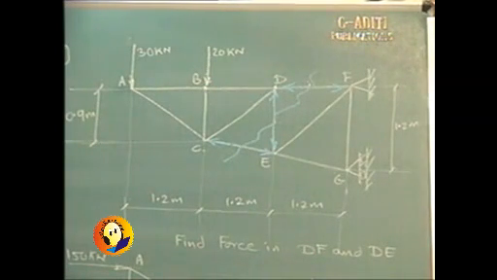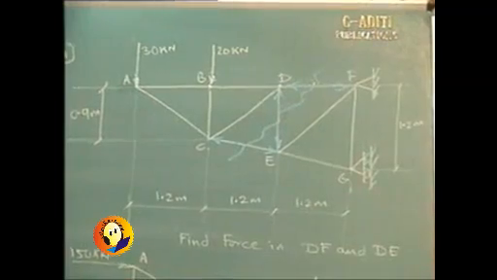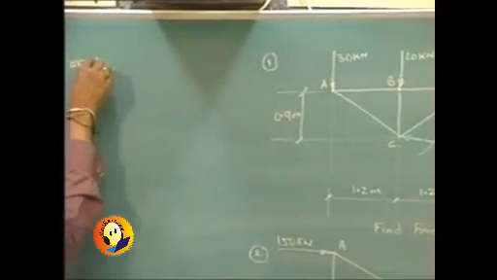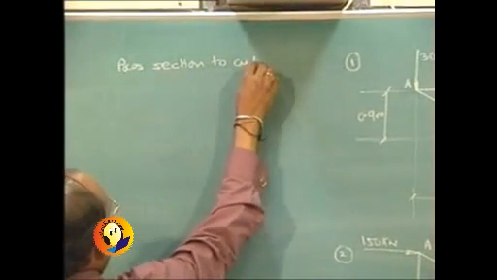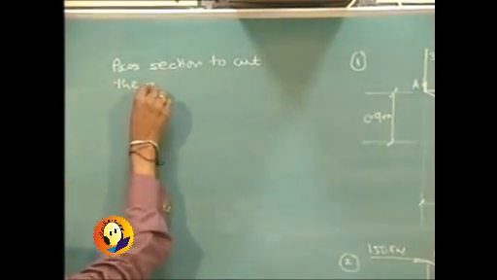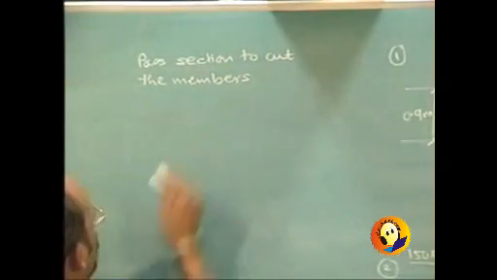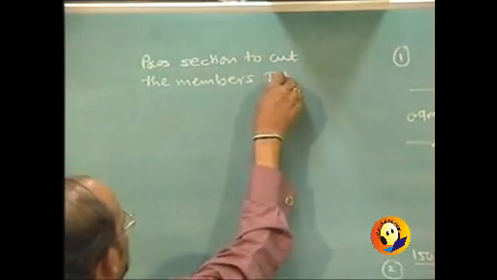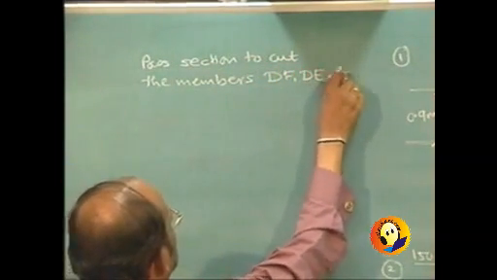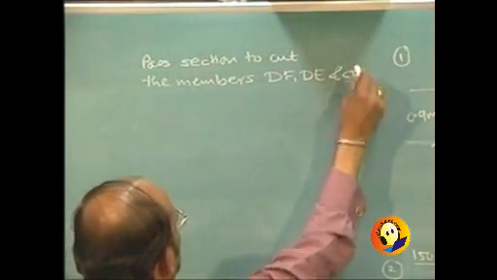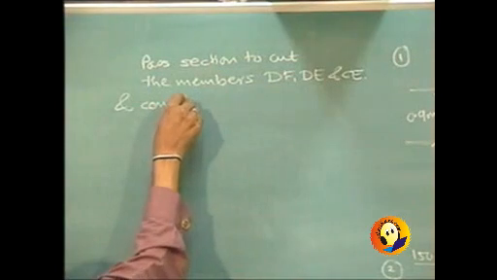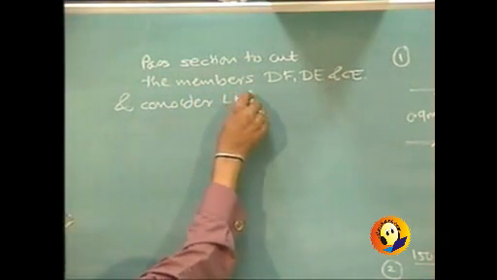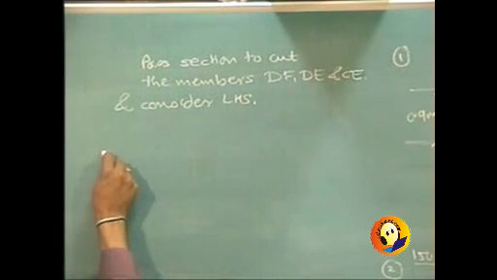In this case I will prefer to have the left hand side of this particular truss, and so we will pass the section plane to cut the members DF, DE and CE, and consider the left hand side. So let us redraw that part.